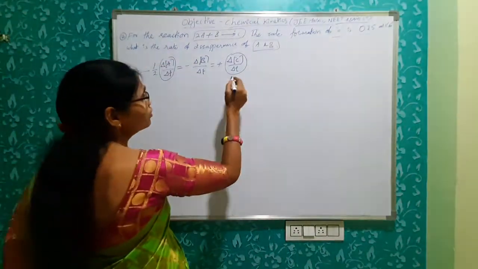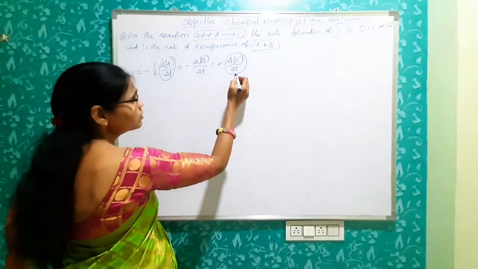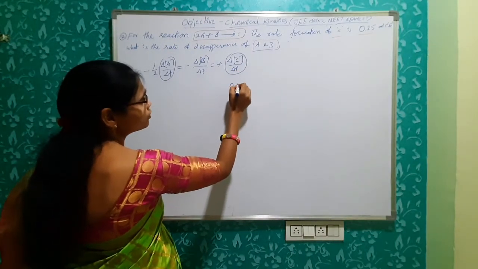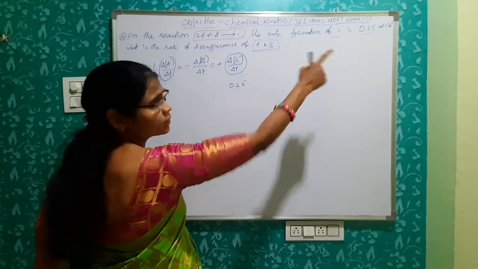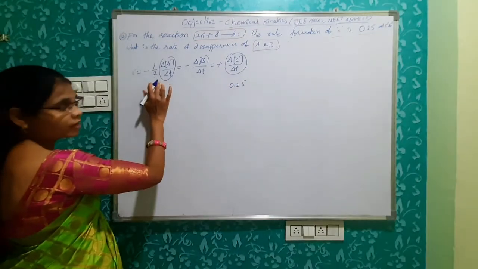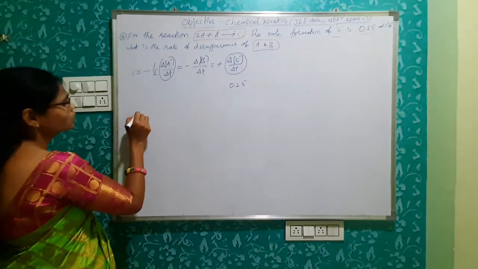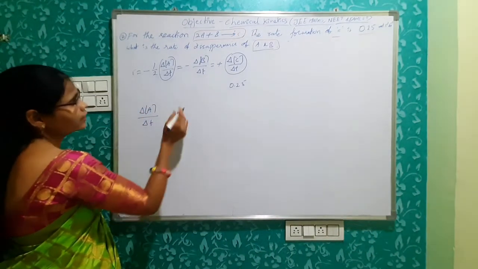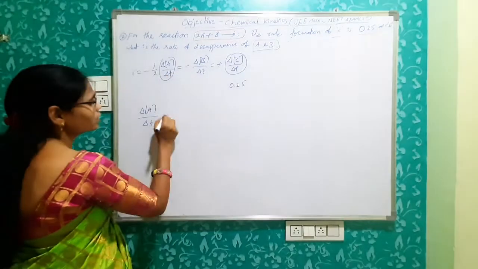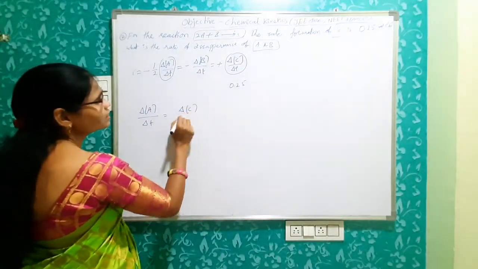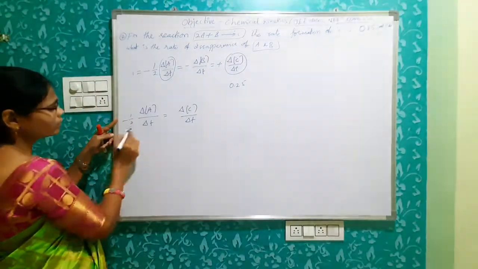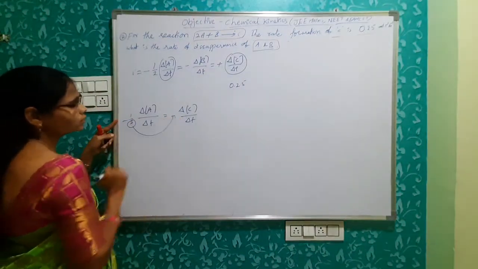Now, the rate of appearance of C is how much? 0.25 moles per liter per hour. For the rate of disappearance of A, see here, delta A by delta T equals, with C being delta C by delta T, this 1 by 2 here, minus 1 by 2, the denominator goes to the other side.